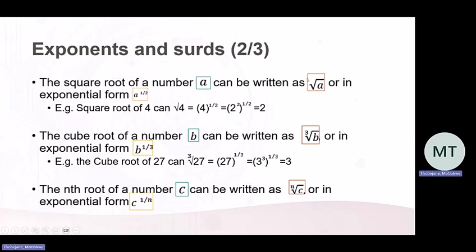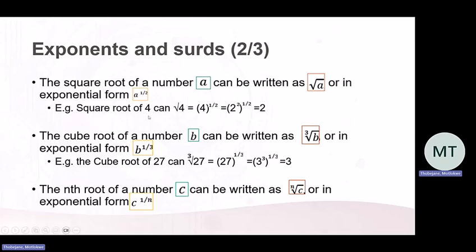This is how it can be expressed, right? The square root of a number A can be written as the square root of A, or in exponential form as A to the power of 1/2, right?